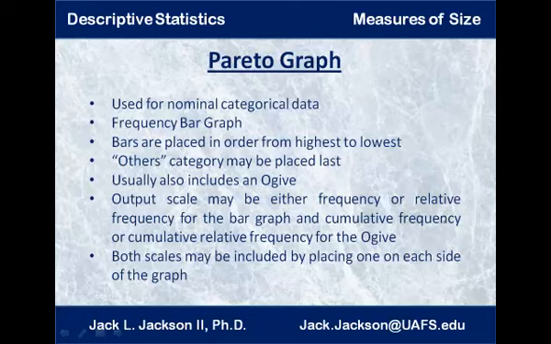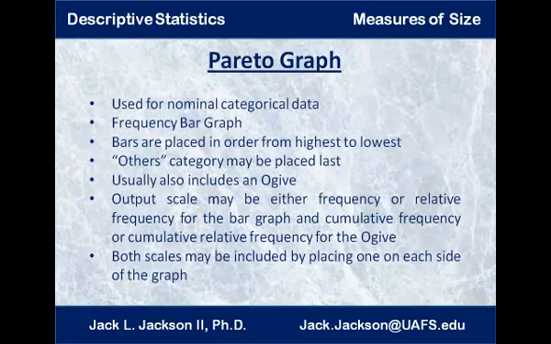So a Pareto graph is used for nominal categorical data. It's a combination of two things. It's a frequency bar graph, and the bars are placed in order from the highest bar to the lowest bar. Now remember, if it's nominal data, there's no inherent order, so it is totally okay for us to reorder the bars.